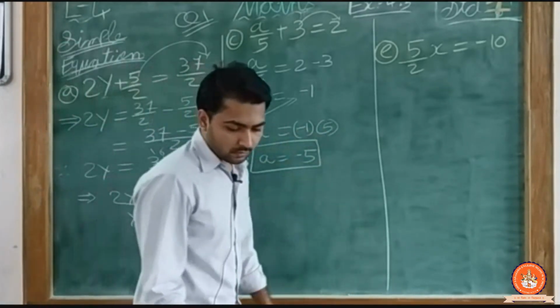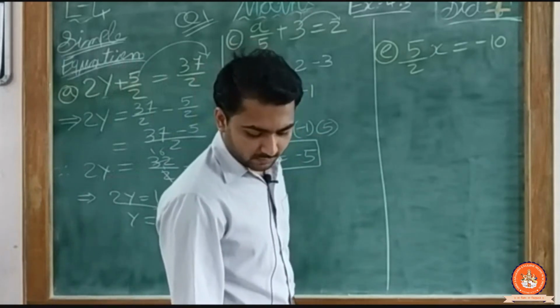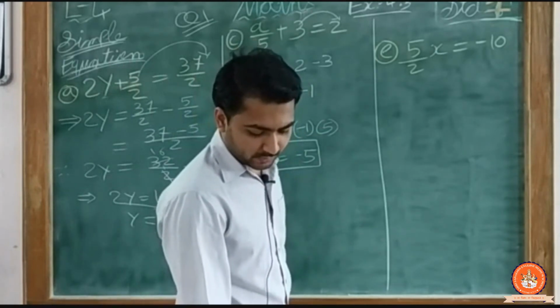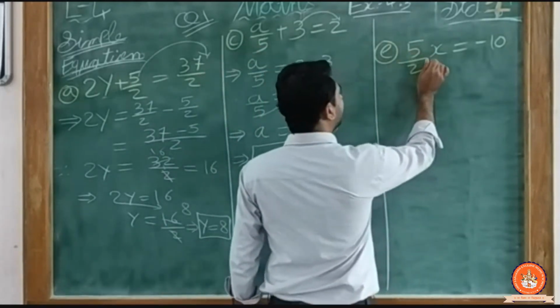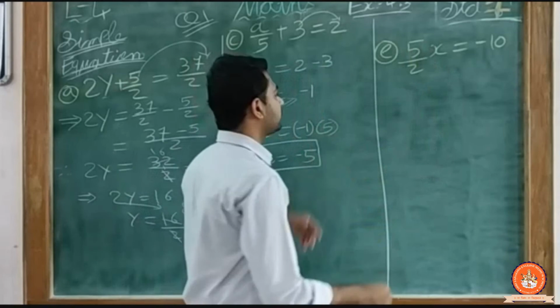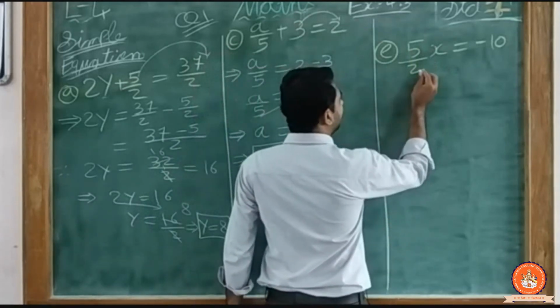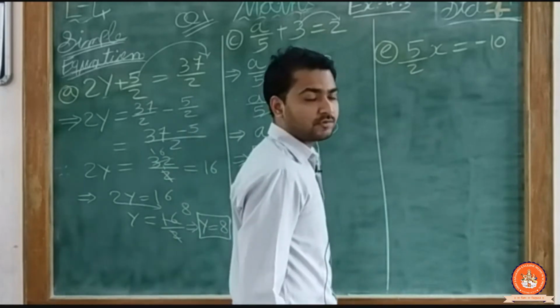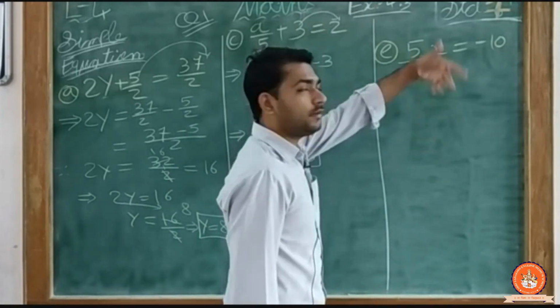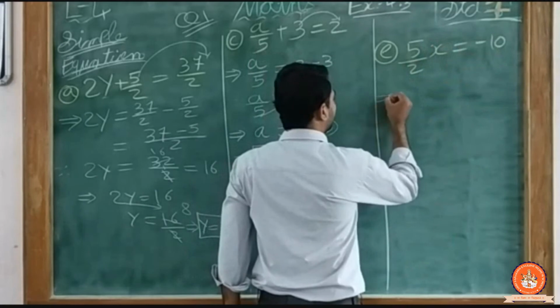Okay students, now D you will do in your homework. I am doing E. Okay, I have to find the x variable on my left side. So what I will do, I will transport this 2 to the right side of the equal sign. 2 is in division form, it becomes multiplication form.